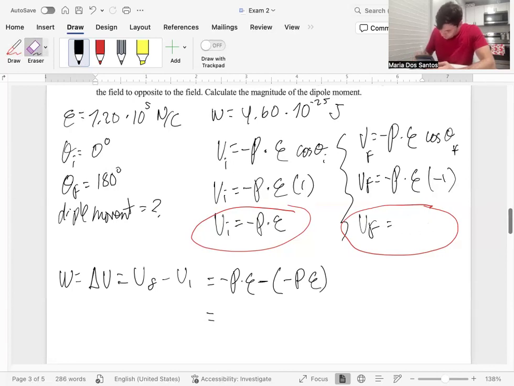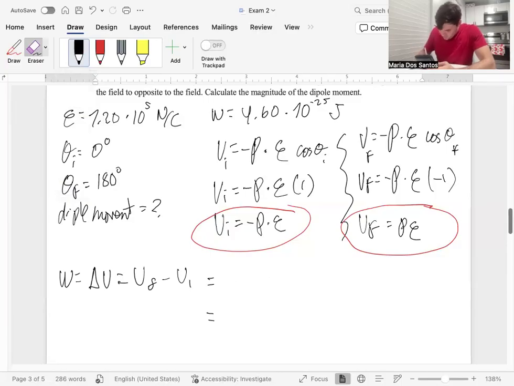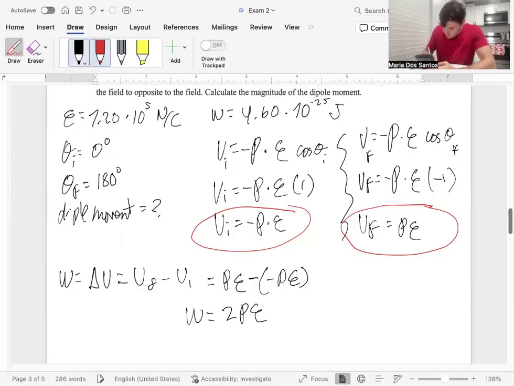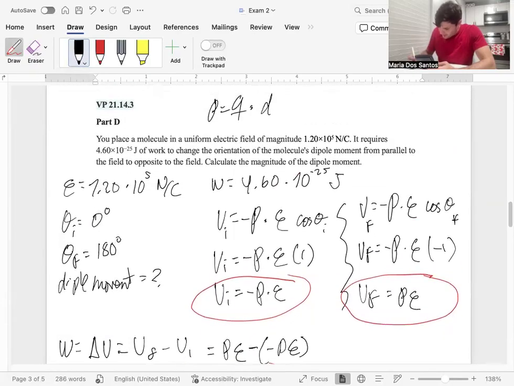So we are going to use this same formula to find the dipole moment.